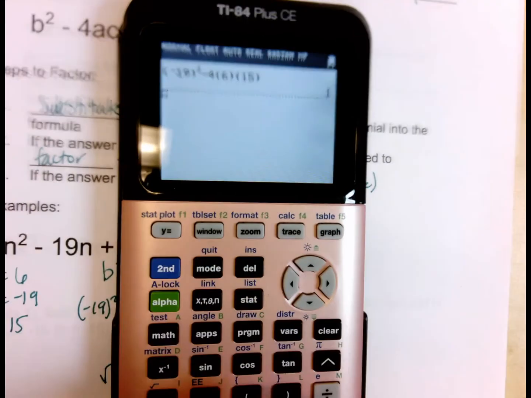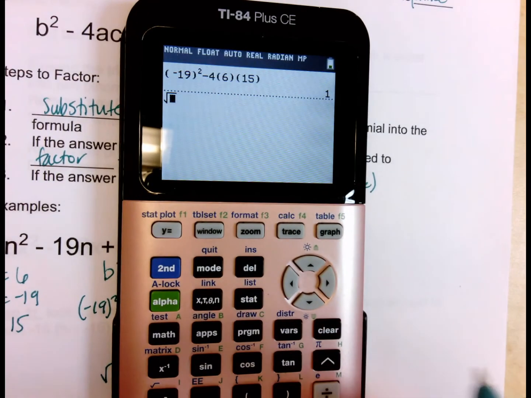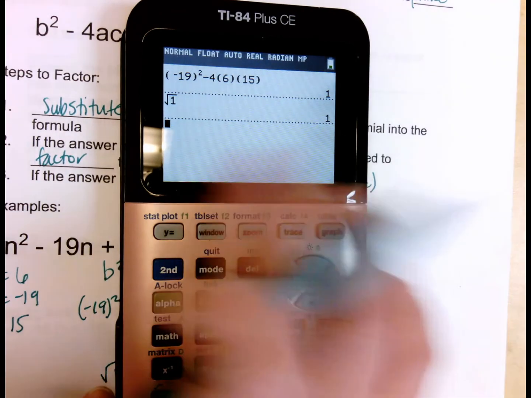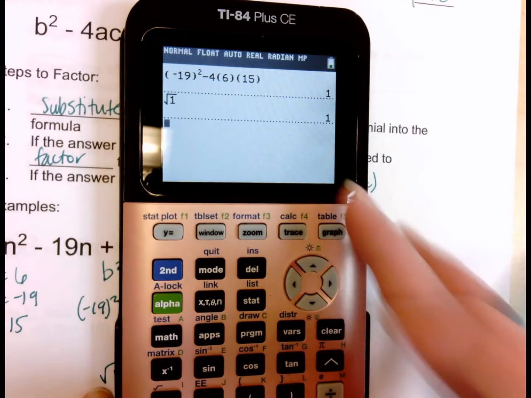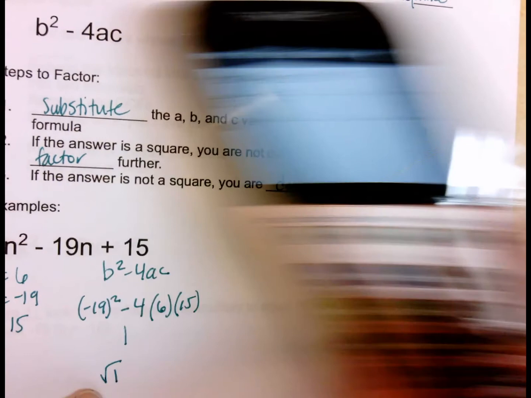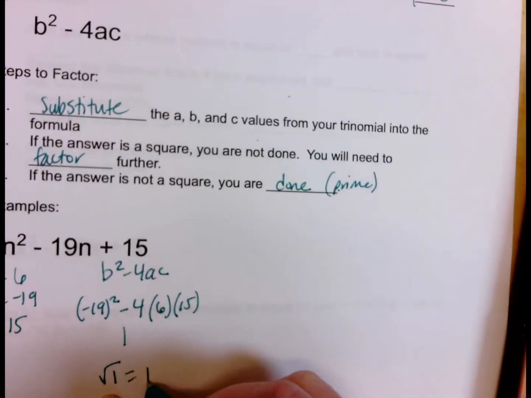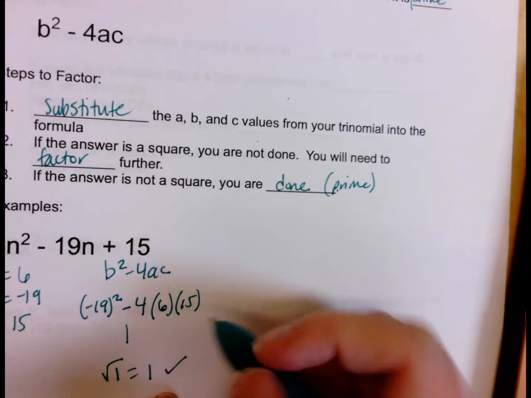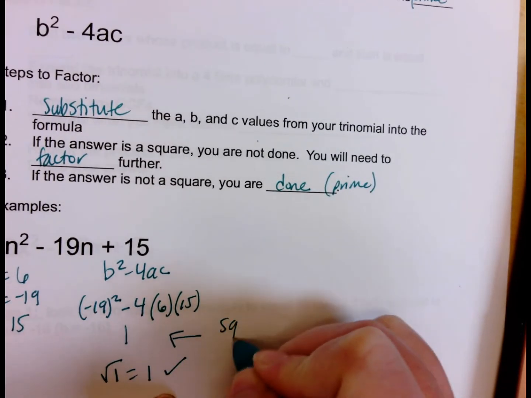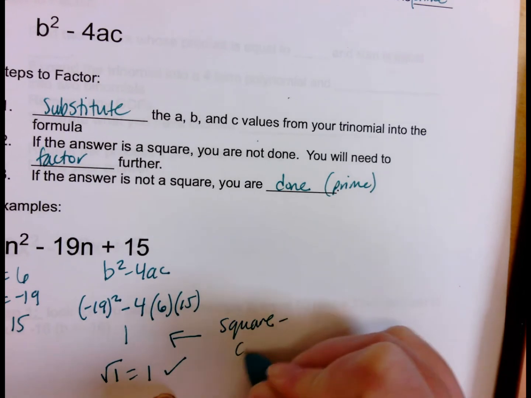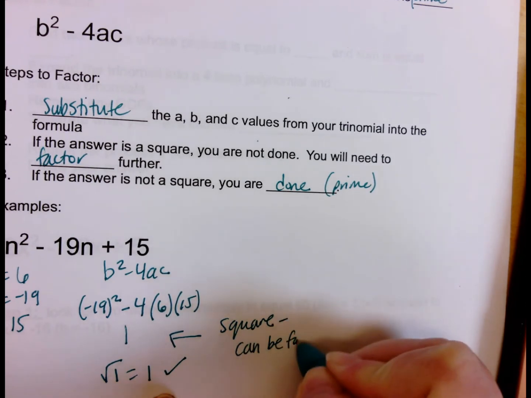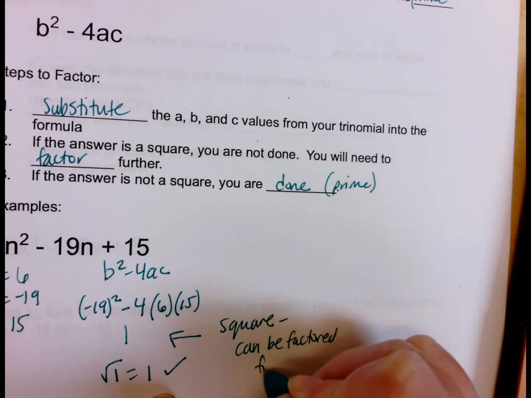The second square button is square root. Type in 1, and we get a whole number. If we take the square root of something and get a whole number, then it is a perfect square. The square root of 1 is 1. That means this is a square, and it can be factored further.